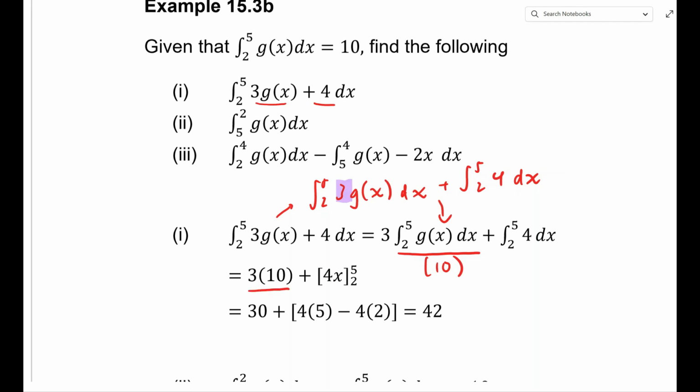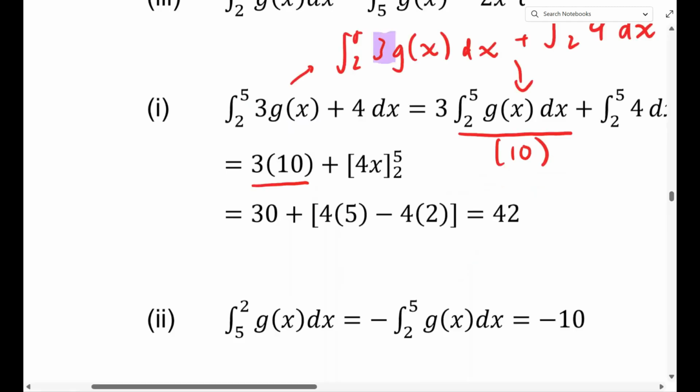And for the second term, we can just do our simple integration of 4, which will give us 4x. Then we'll sub in our upper bound minus subbing in our lower bound. That's how we get 4 times 5 minus 4 times 2, and our final answer of 42.